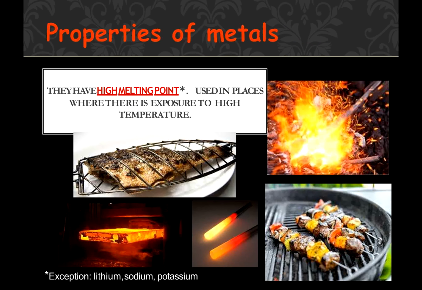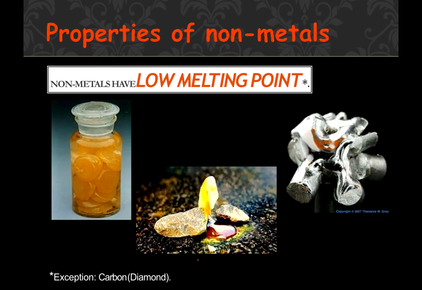Now, as the metals are very hard, they have a very high melting point. So they are used in places where there is exposure to high temperatures, like grilling, barbecue, or industrial purposes. These are used because they can resist very high temperatures. But what about non-metals?